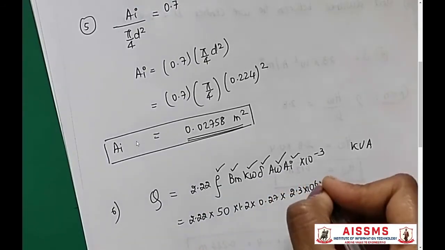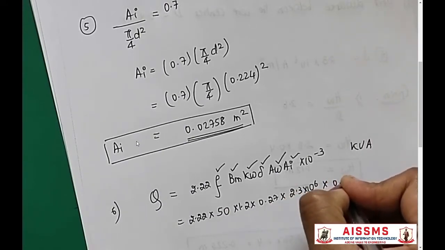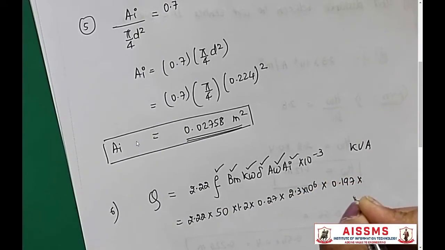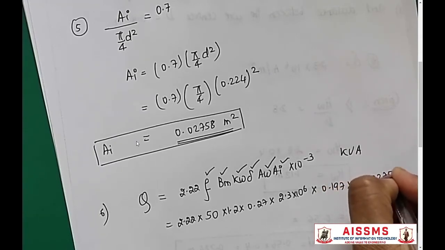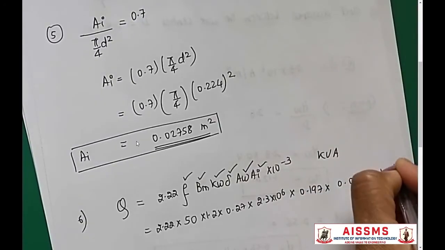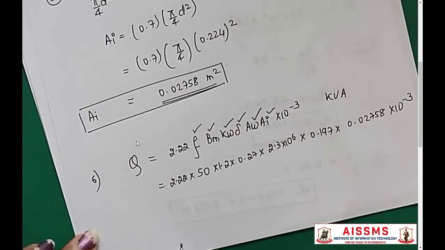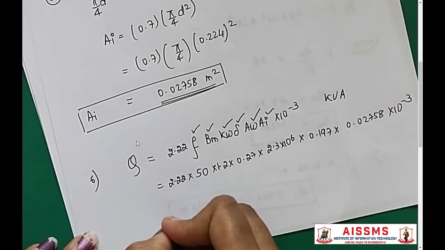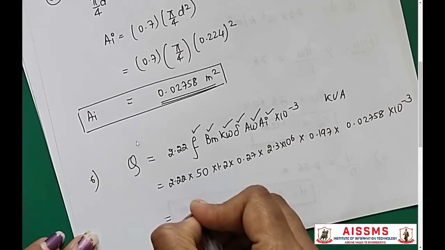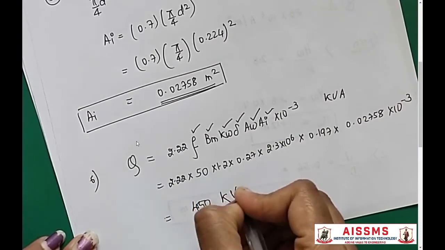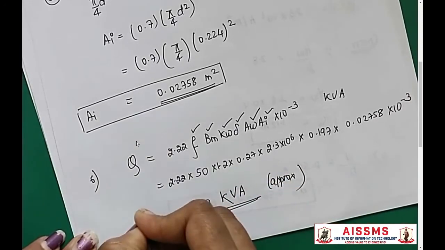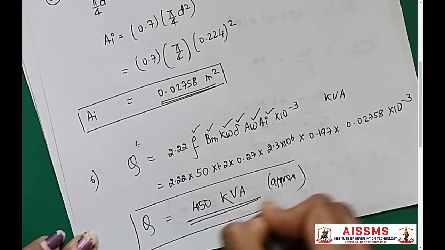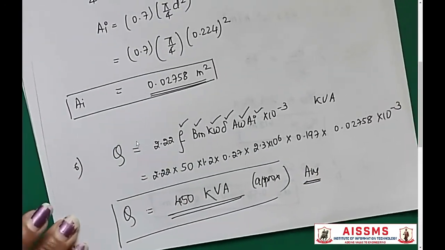AW is 0.197 and AI is 0.02758 into 10 raised to power minus 3. So when you put this and calculate, it will come approximately equal to 450 kVA. So this is the answer.